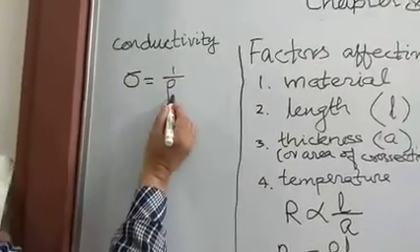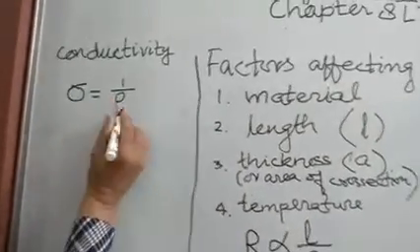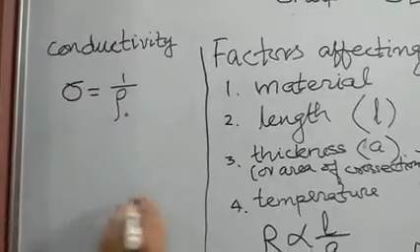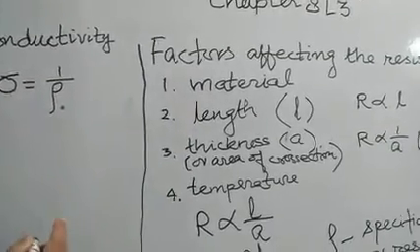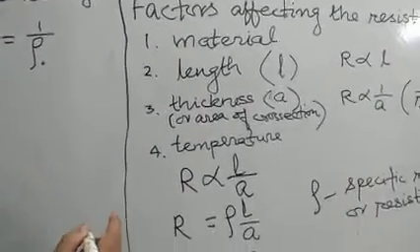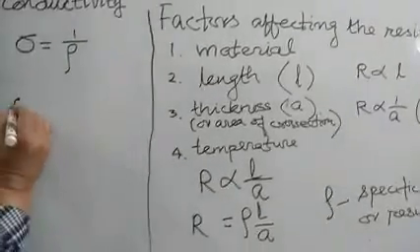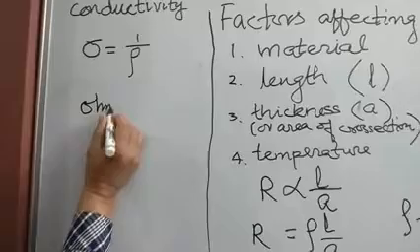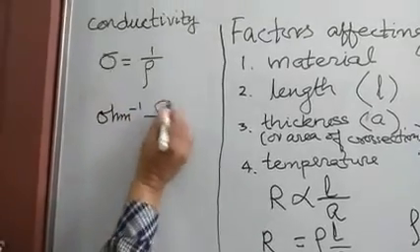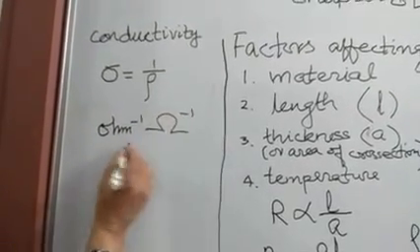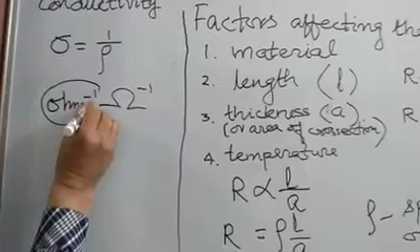And then, since this is the inverse of this and this is measured in ohms, the reverse of this, if this is measured in ohms, will be measured in this. And this is what I told you.